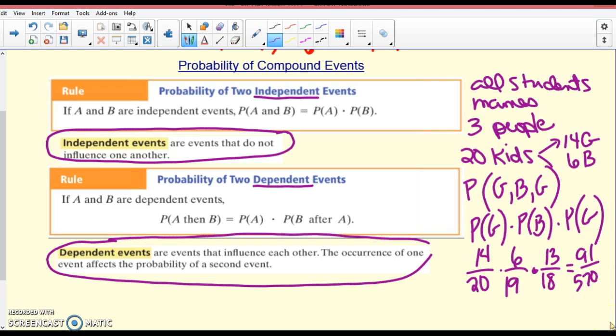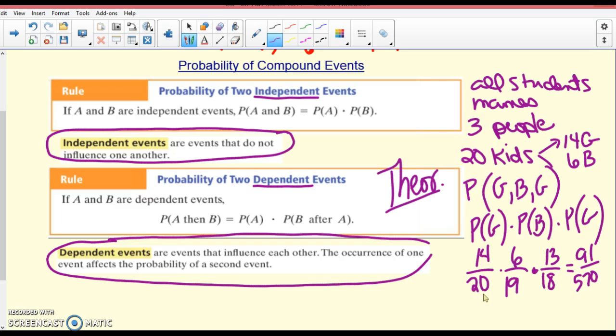So that is the chance of us picking a girl, a boy, and a girl. Now, I have a question for you. Is this example theoretical or experimental? That is still theoretical because it is just based on numbers in the class.